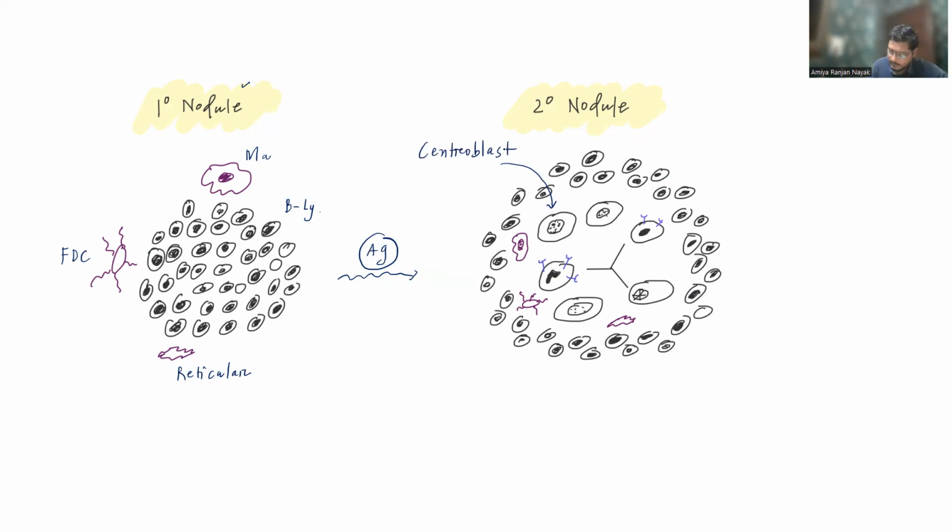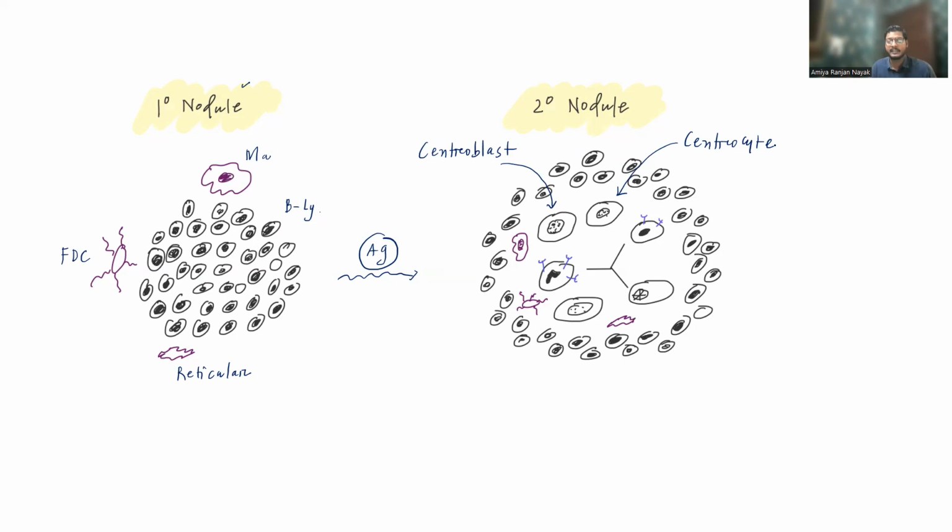The centroblast will further mature into centrocytes. During the process of activation of the B lymphocytes, centroblasts have the largest volume. They will have open chromatin with prominent nucleoli.